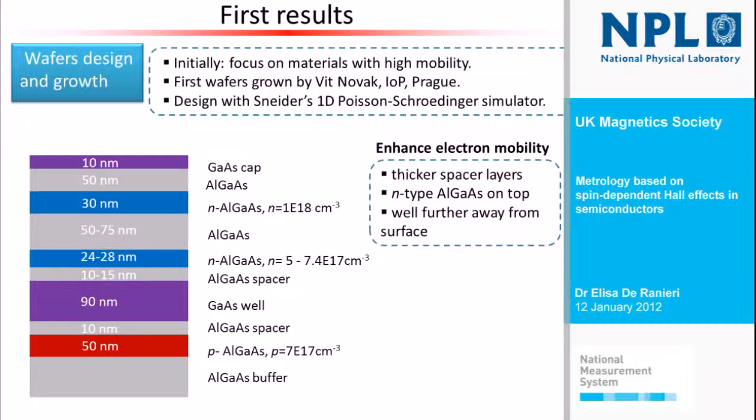So the N-type is now on top, the well is much deeper below the surface, and the spacers are wider. And all of this is to try to enhance the electron mobility and to reduce effects due to pinning of the Fermi level at the surface.